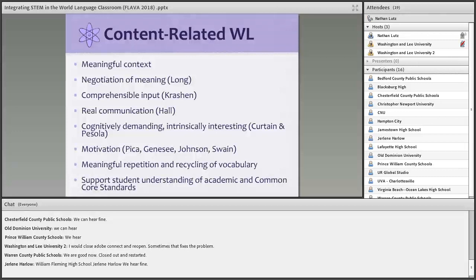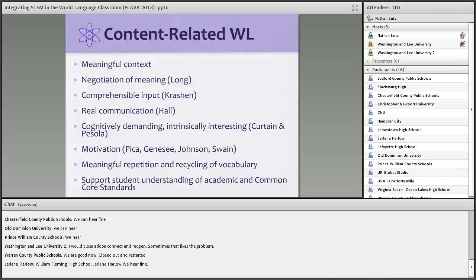Another important idea to consider is that it's cognitively demanding as well as intrinsically interesting. And this comes from Helena Curtain and Carolyn Pesola, who are just the masters of elementary world languages, along with Fred Genesee, coming out of Canada. Motivation: when we're learning about content, it's very motivating for students because there's something that's attached to other areas.